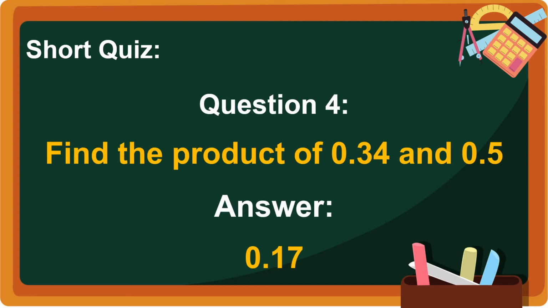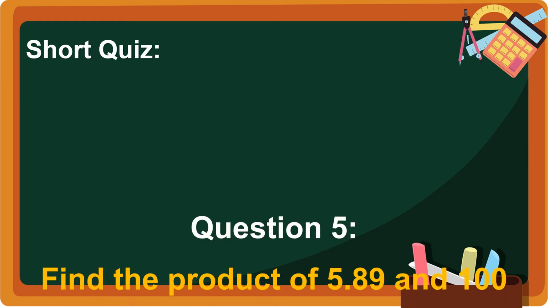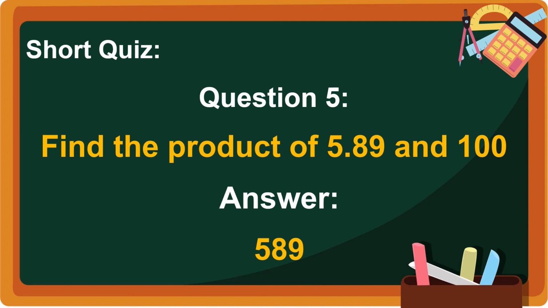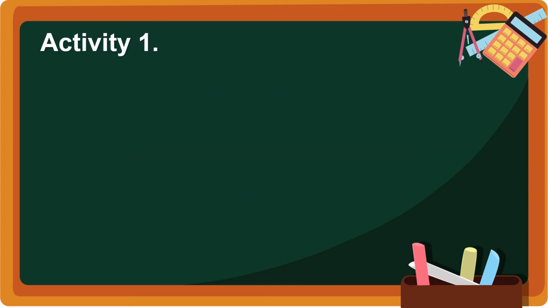The answer is 17 hundredths. Question number 5. Find the product of 5 and 89 hundredths and 100. You may pause the video while answering. The answer is 589.